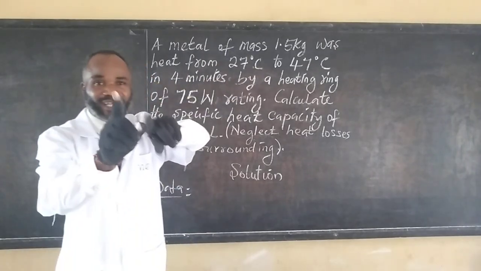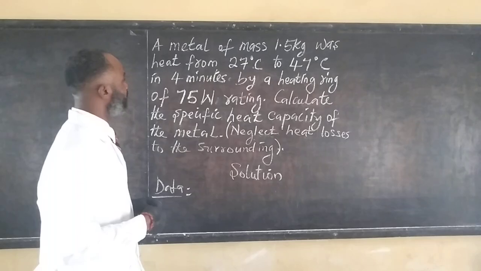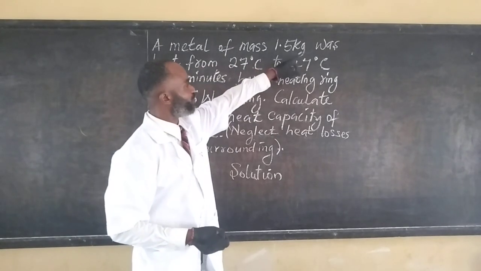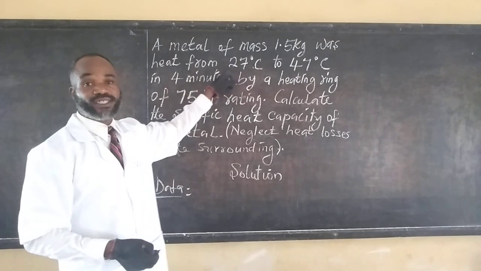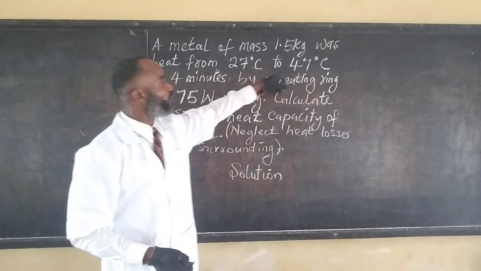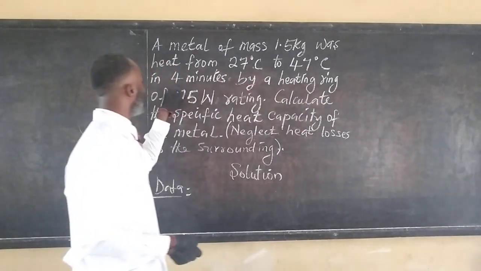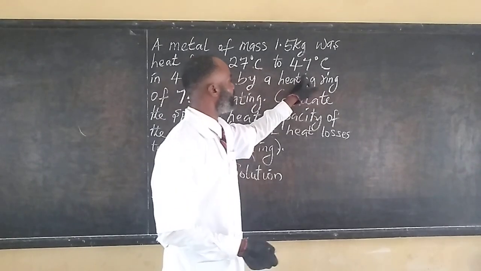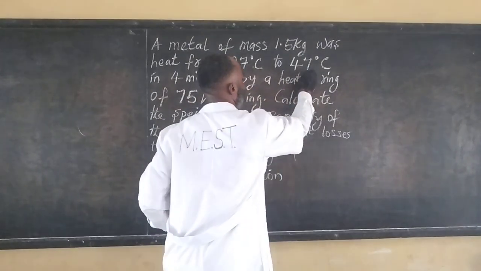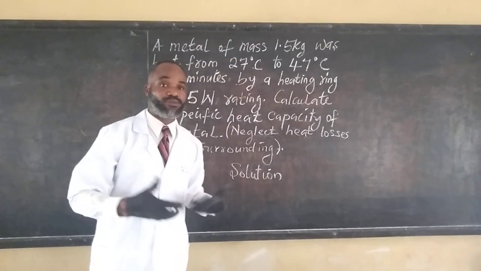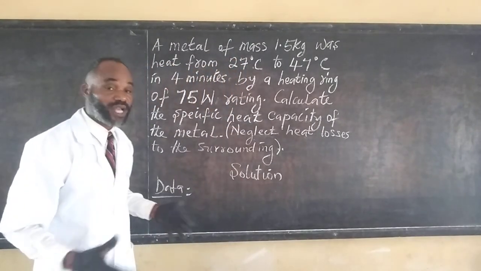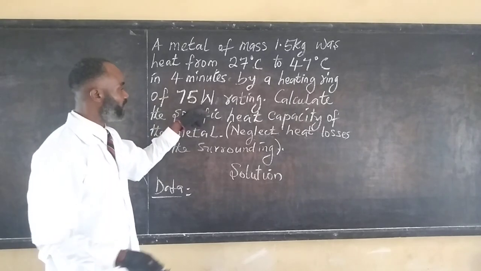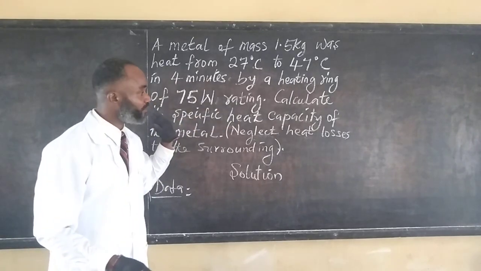So let's first of all read the question. A metal of mass 1.5 kg was heated from 27 degrees Celsius to 47 degrees Celsius in 4 minutes by a heating ring, such as a boiler, electric kettle, and so on, of 75 watts rated.